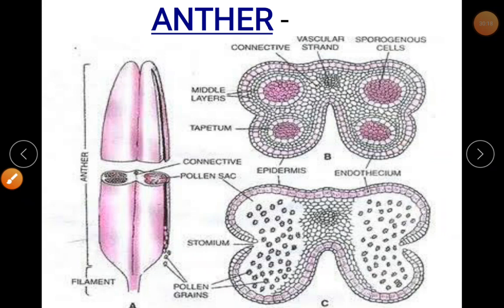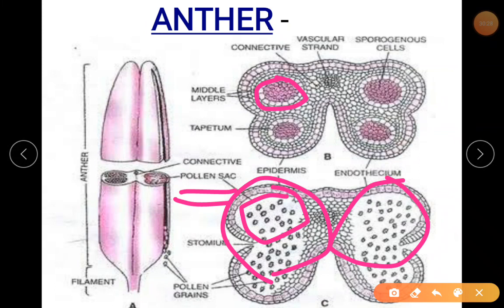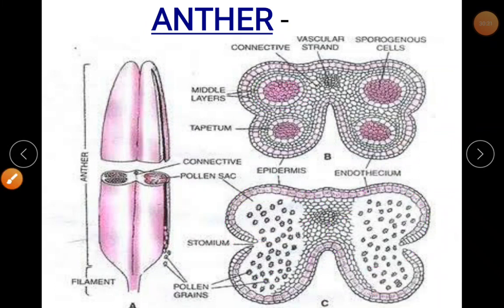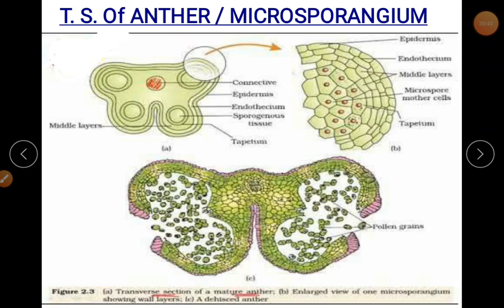Again go back and observe. This microsporangium develops into a pollen sac, and pollen sacs are already packed with pollen grains, as pointed out here. The terminologies are clear with the structure, I hope.